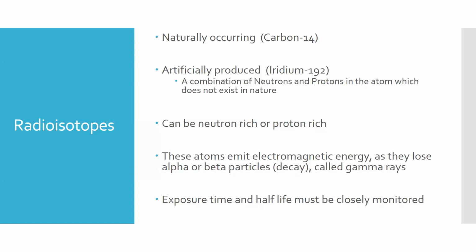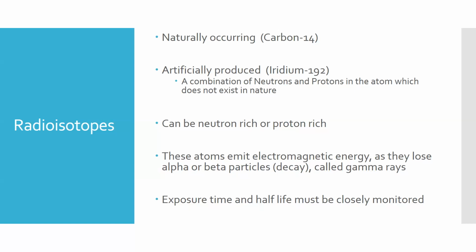Once that's been done, the atoms are going to decay, emitting alpha and beta particles, and you will get gamma ray energy coming off of that. As these are giving off this gamma ray energy, it is a certain amount of energy that's passing through objects and tissues and other things that are nearby.